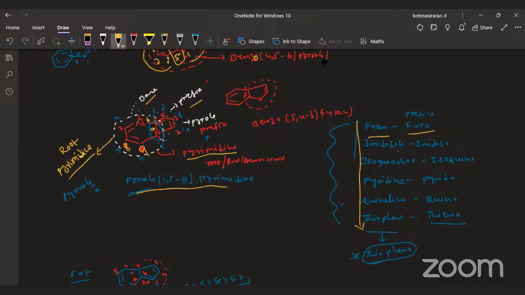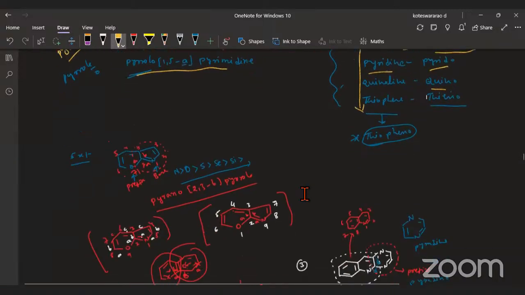If it is imidazole, imidazo is the prefix. Isoquinoline, isoquino. If it is pyridine, we use pyrido. Quinoline, quino. Thiophene, thiopheno or thieno, we can also use. It depends on the requirement.